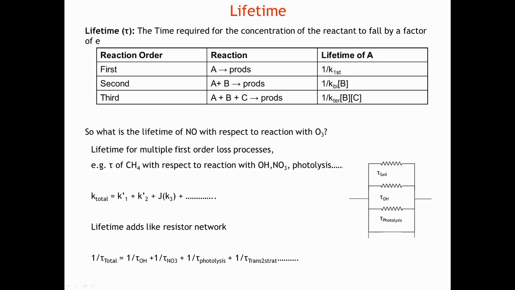But for the lifetime with multiple first order loss processes, you might imagine the lifetime of methane with respect to reaction with OH, NO3, photolysis, etc. The k total is k1 plus k2 plus photolysis plus k3, etc. So 1 over the total lifetime is the sum of 1 over the lifetime with respect to reaction 1 plus 1 over the lifetime with respect to reaction 2 plus 1 over the lifetime with respect to reaction 3, etc. Presumably you've done resistor networks in electrics, so it's basically just Ohm's law. It's just the sum of the resistances.